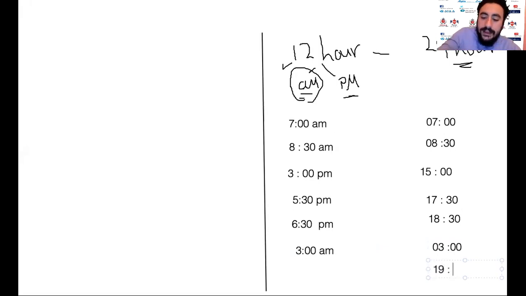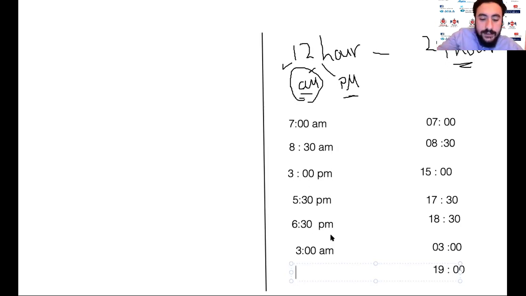When I talk about 19 in the 24-hour clock, what does that mean in the 12-hour clock? What are you going to do? Are you going to subtract 12 or add 12? Subtract. Yes, we are going to subtract 12. So 19 minus 12 equals 7. 7 o'clock.